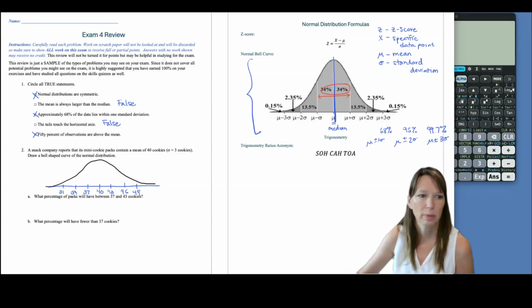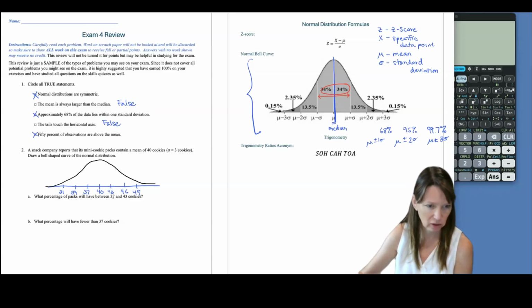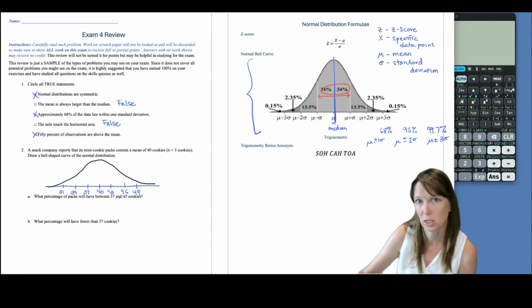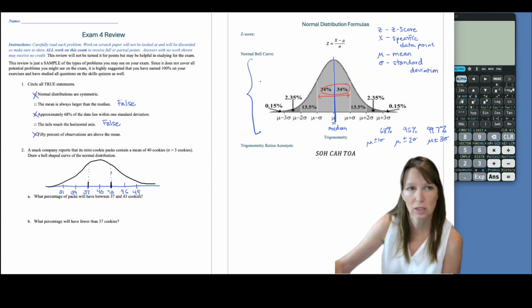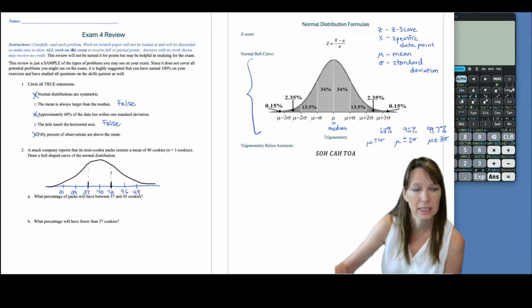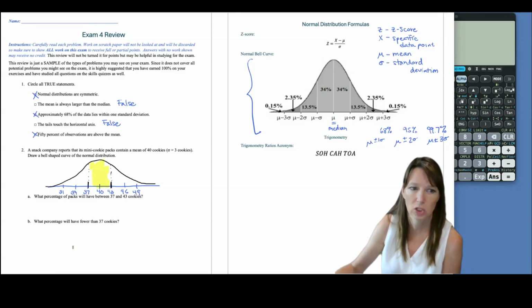And then what percentage of packs will have between 37 and 43 cookies? So what we want to do is find where 37 is, find where 43 is, and then try to figure out based on either the formula sheet distribution that you're given or using what you know about the empirical rule to be able to determine what percent fall between those two numbers.